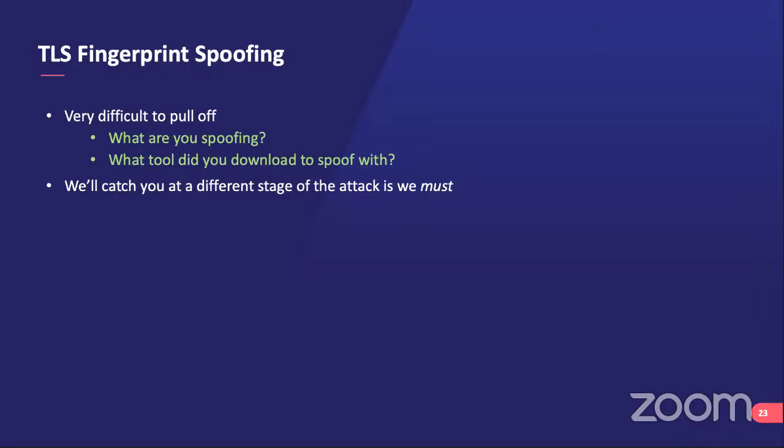Of course, if you are an APT actor, then you would have to figure out exactly what application on what operating system version you want to spoof, and you would have to use the exact same library, or at least a library that is compatible with the same features, and then compile whatever your malware is with that library. Certainly not impossible, but I would definitely put it in the APT category of who's going to be doing that, unless maybe just someone with too much time on their hands, like me.